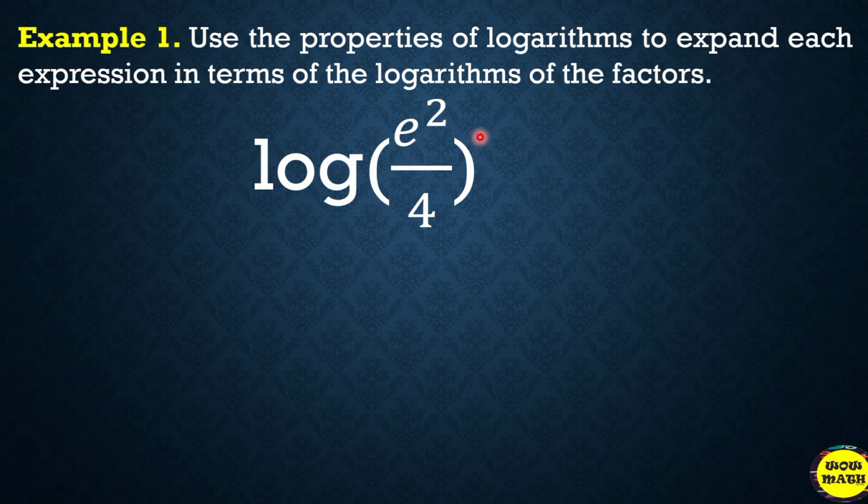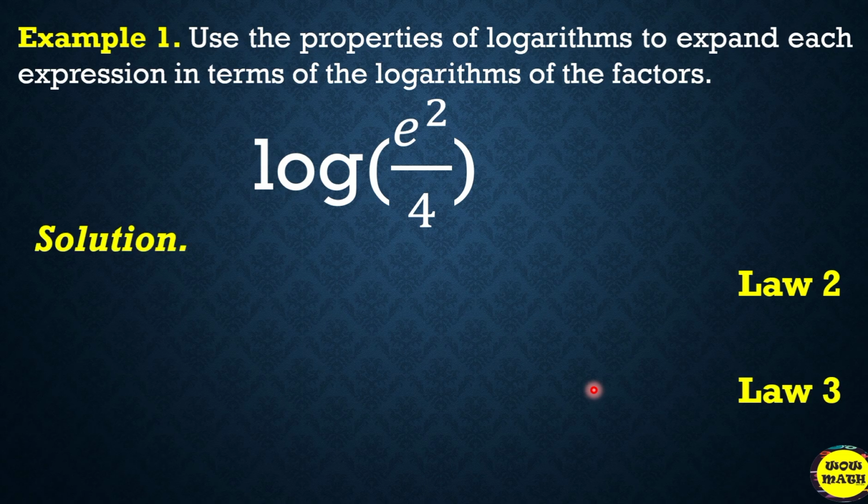Next, log e squared over 4. So this is a quotient, so we are going to apply first the law number 2. Kapag quotient, anong gagawin natin? We're going to subtract the logarithm of the numerator and the logarithm of the denominator.